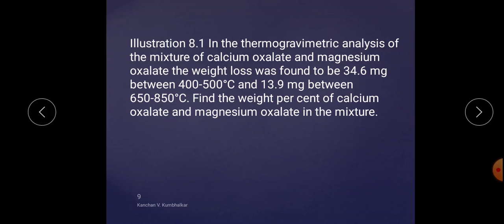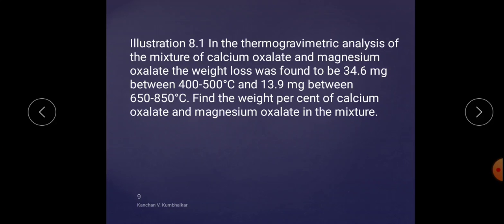Now the next point is that between 400 to 500 degrees Celsius, two reactions have occurred. For calcium oxalate, as we are discussing, it is a mixture, hence both reactions occur simultaneously. Between 650 to 850 degrees Celsius only one reaction takes place: calcium carbonate gets converted into CaO with a loss of CO2.